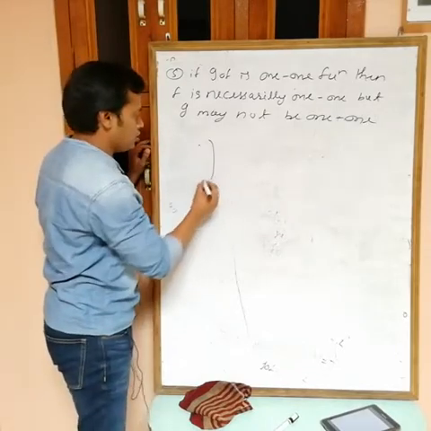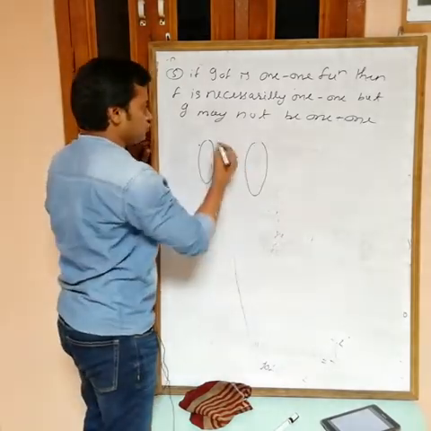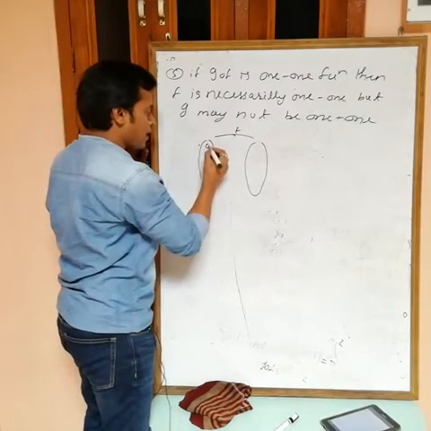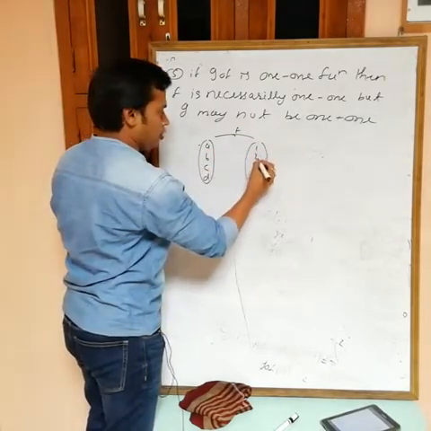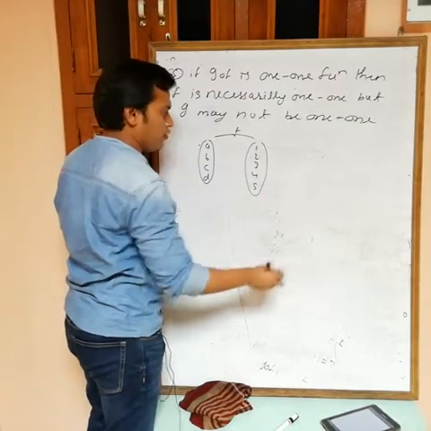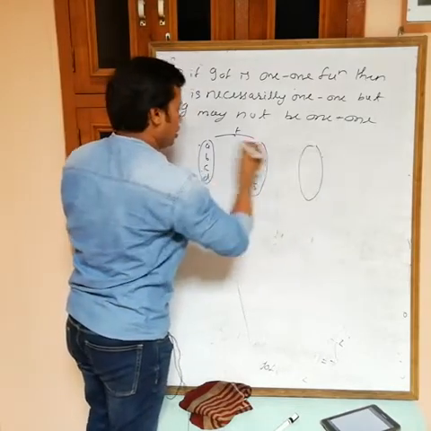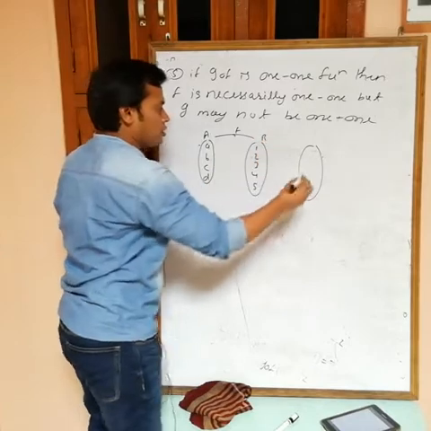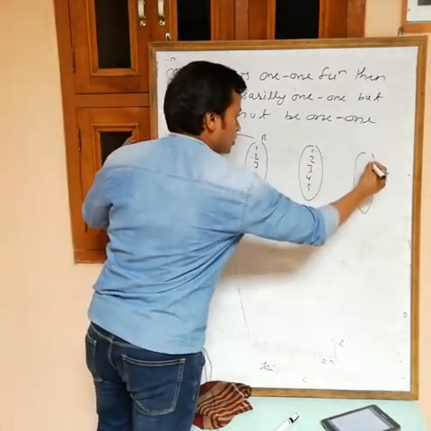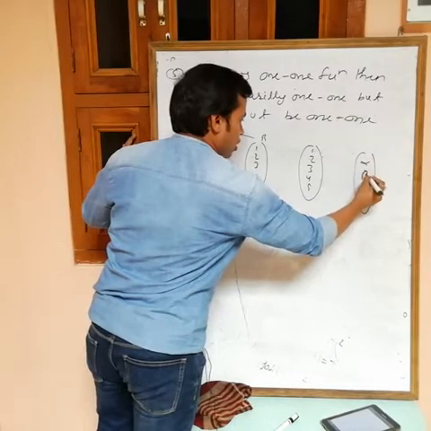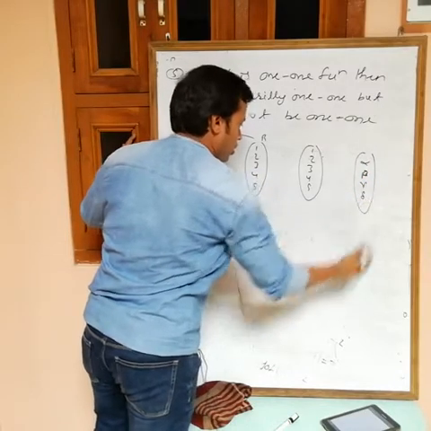I am taking f from A to B. Suppose this is f, with A = {a, b, c, d} and B = {1, 2, 3, 4, 5}, and suppose here C has alpha, beta, gamma and delta.